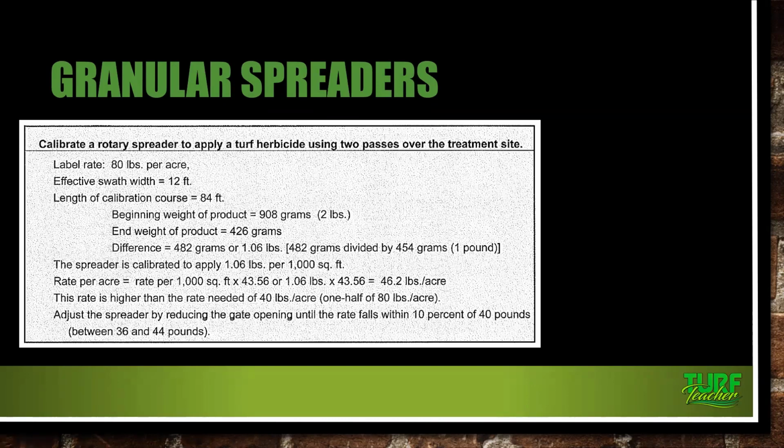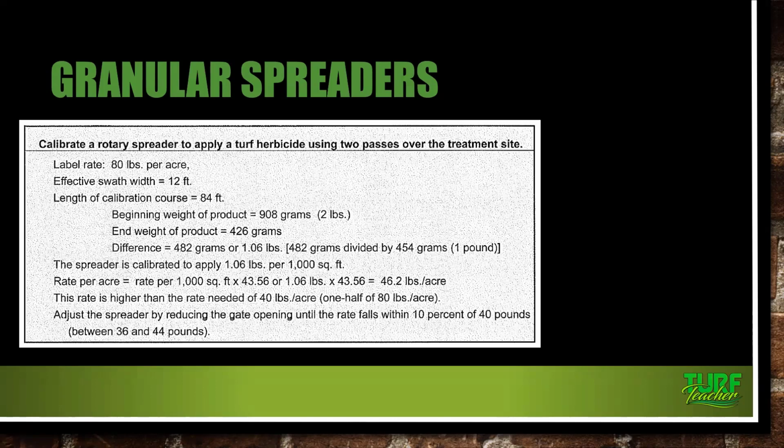The 482 divided by 454 grams per pound. The spreader is calibrated to apply 1.06 pounds per 1,000 square feet. Our rate per acre is rate per 1,000 square feet times 43.56, or 1.06 times 43.56 equals 46.2 pounds per acre.